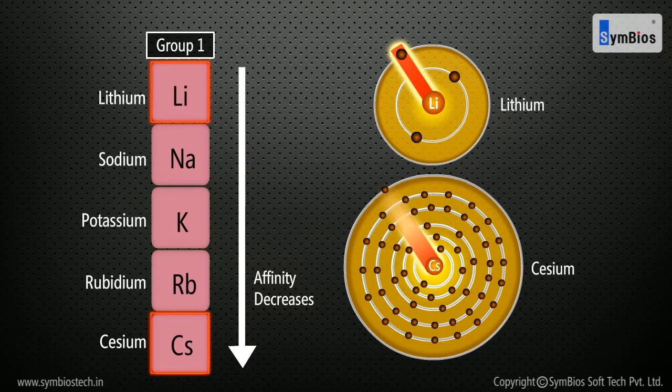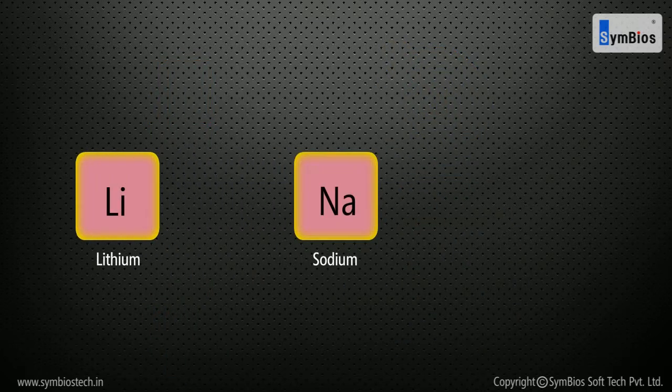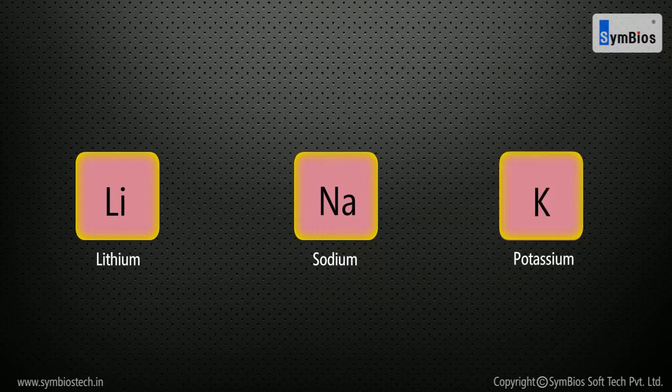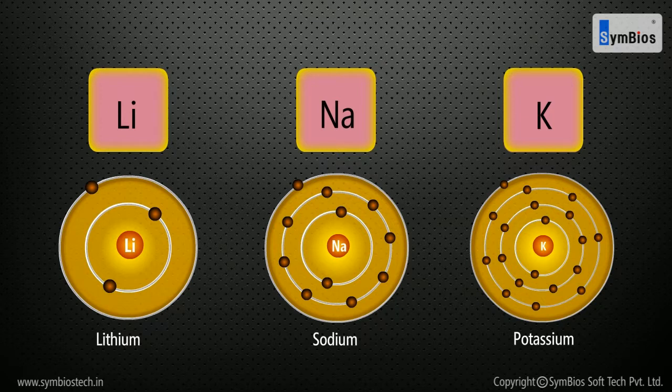The examples of lithium, sodium, and potassium will help you understand that when there is an increase in shells, the affinity of the nucleus towards the outermost electron decreases.